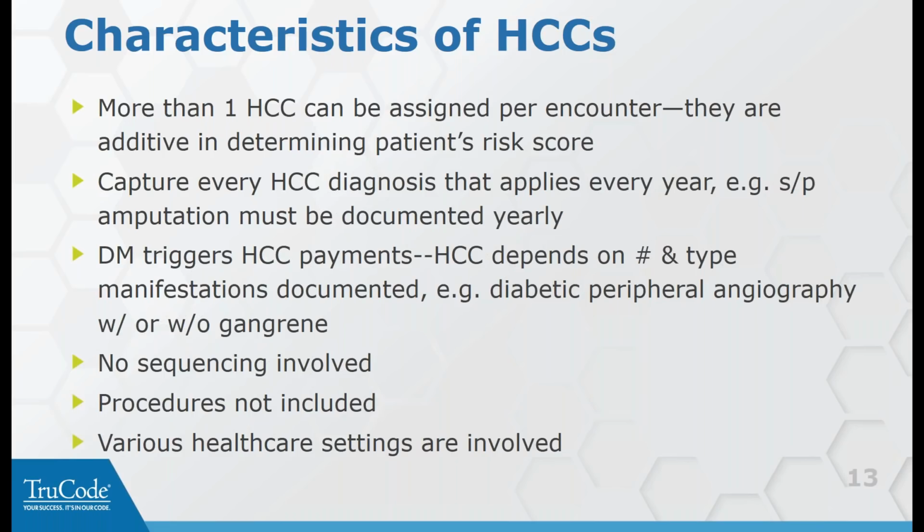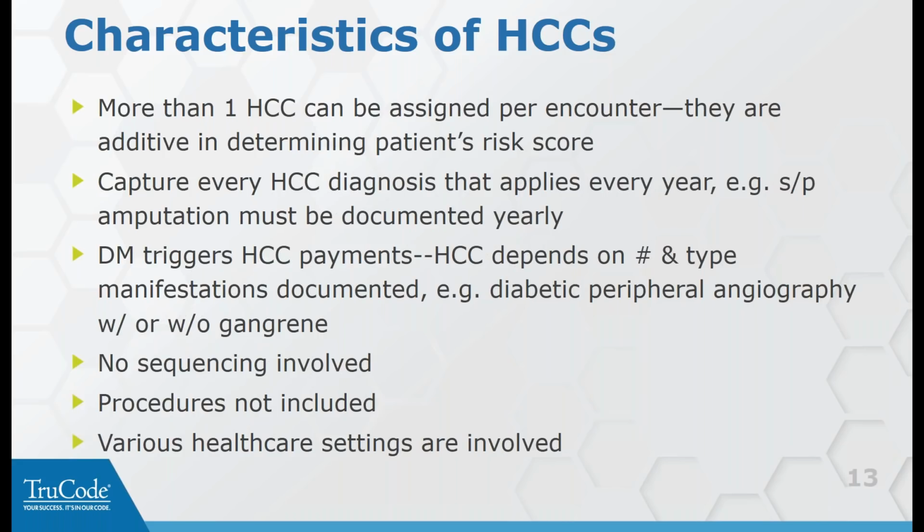The diabetes mellitus is one of the diagnoses that does map to HCCs, but it totally depends on the type of manifestations or conditions that are documented with that diabetes and whether it's type 1 or type 2, etc. They're going to, again, group to a sort of hierarchy of HCCs, with unspecified diagnoses or less severe complications mapping to HCCs that have less risk adjustment factor, and the more severe complications are going to map to HCCs that have a higher weighted HCC.